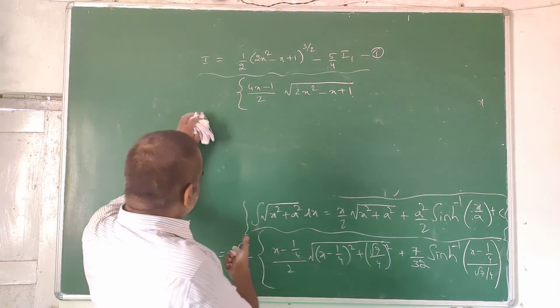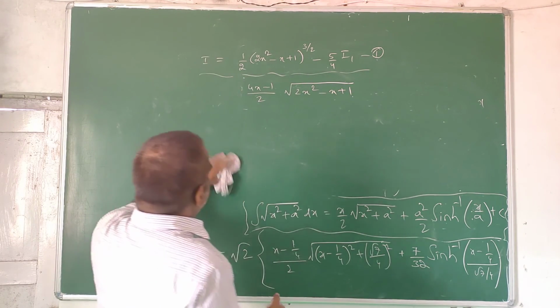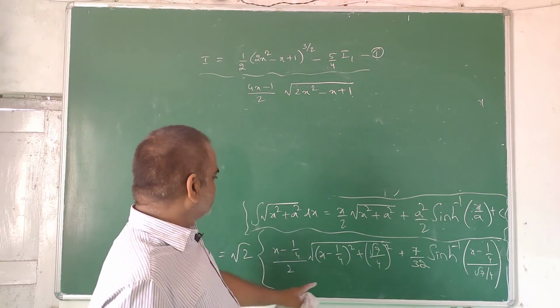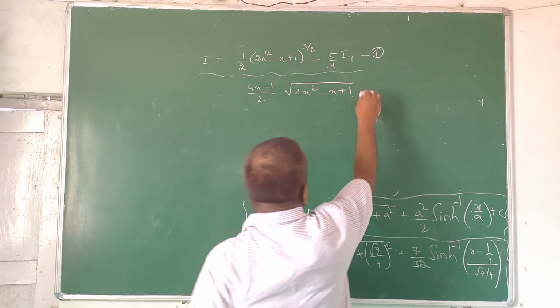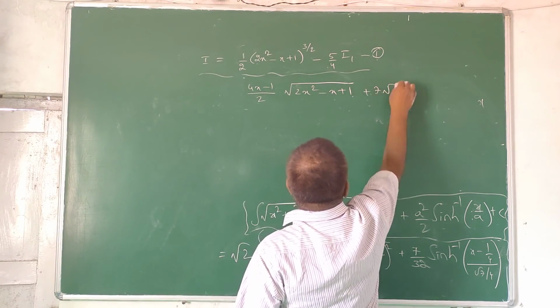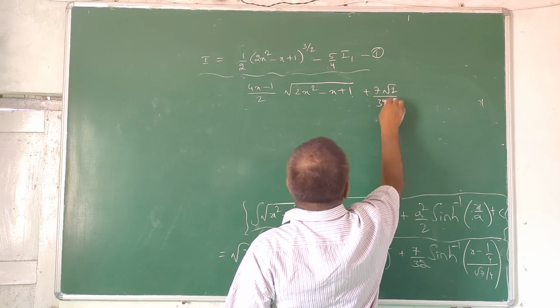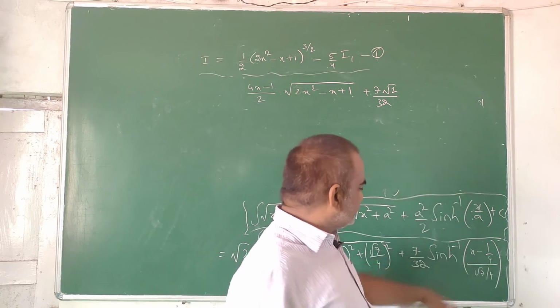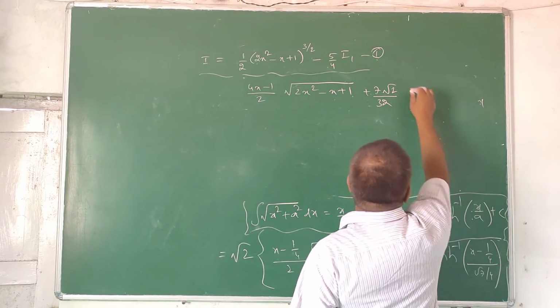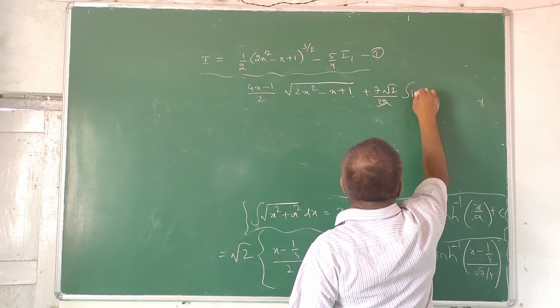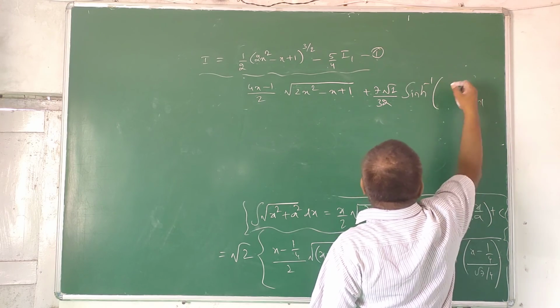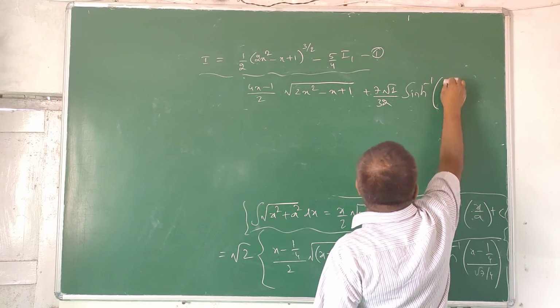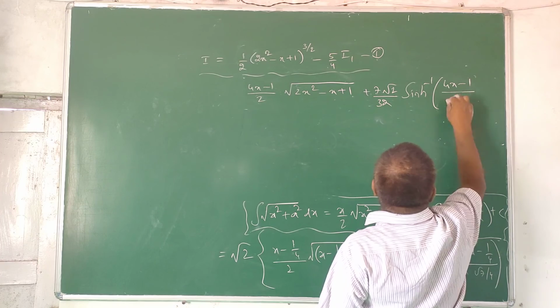So there is no root 2 outside here, I am multiplying inside. So you get this. Next plus 7 root 2 by 32. If you take LCM, 4x minus 1 by root 7, sin h inverse. So sin h inverse 4x minus 1 by root 7.